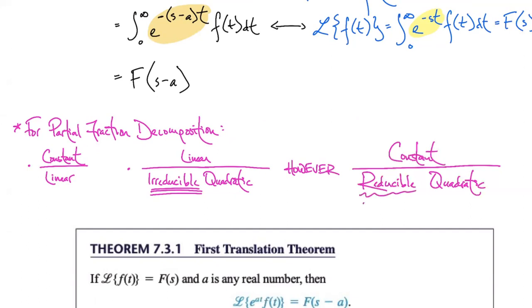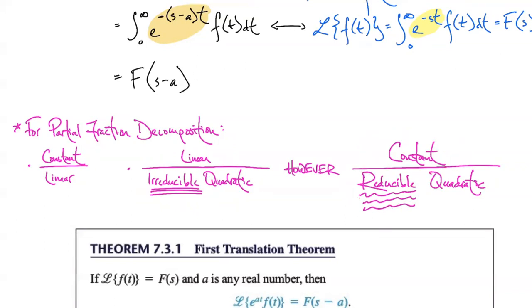So the difference there: if you have an irreducible quadratic, then you want your Bs plus C, or your linear factor. However, if that is a reducible quadratic, meaning you can make it a product of linear factors, then you have a constant on the top, okay?